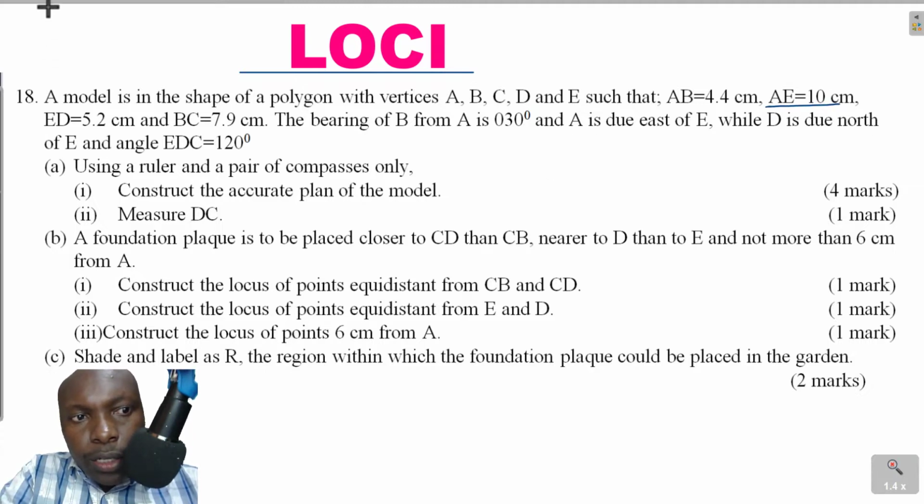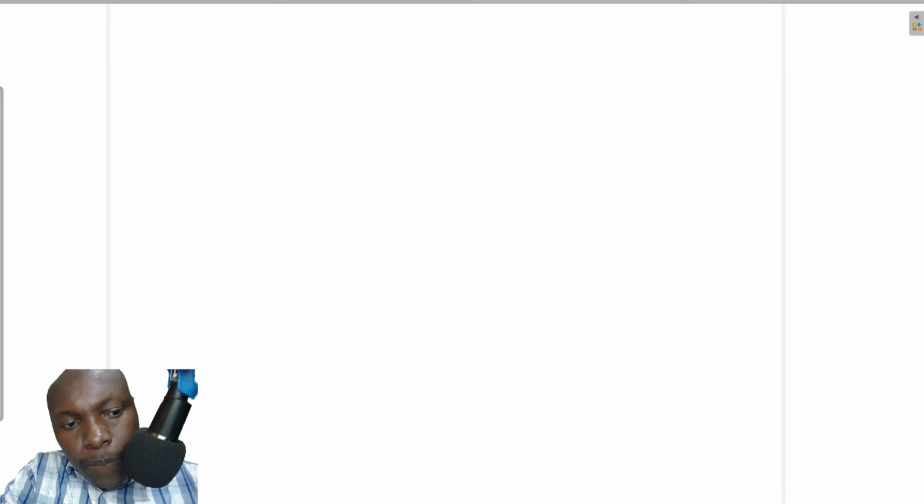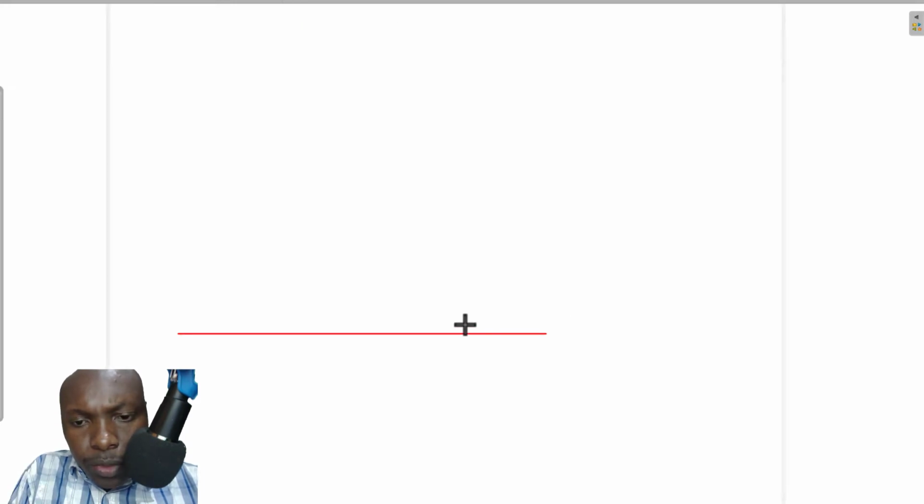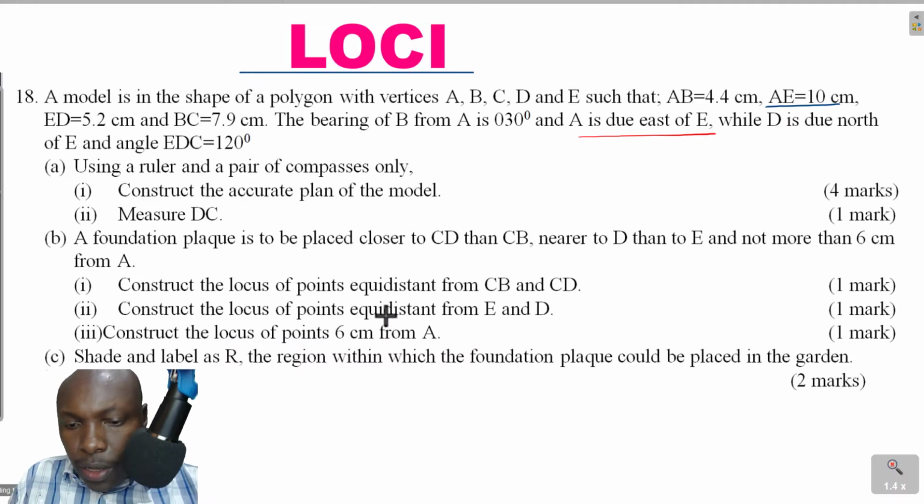You have a condition here that A is due east of E. So I'll start by having that line. We shall have AE, and since A is due east of E, let me put A here. It should be exactly directly east. So that is the line, and this one will be 10 centimeters.